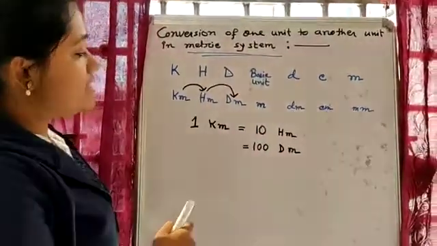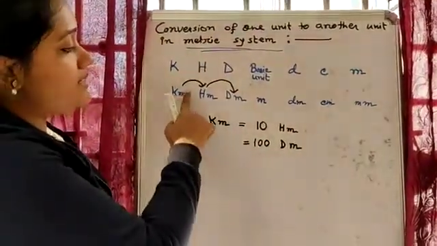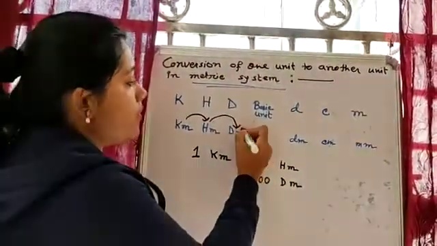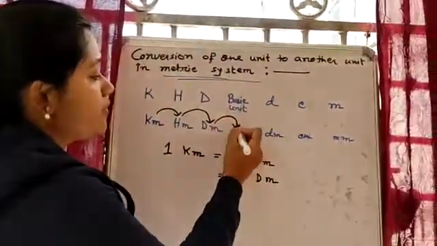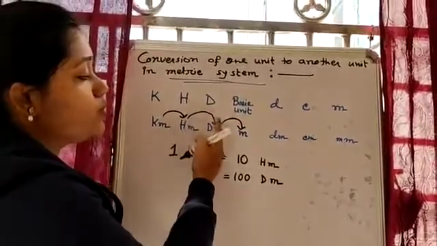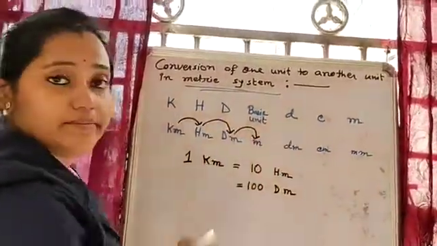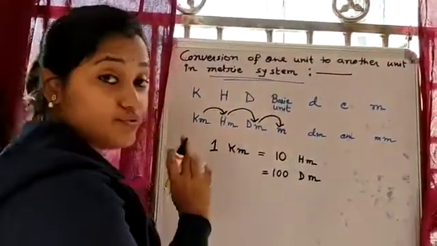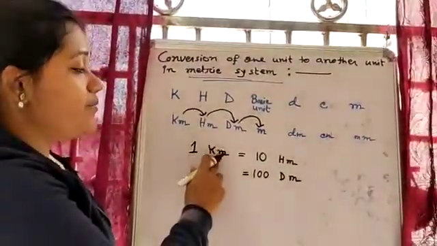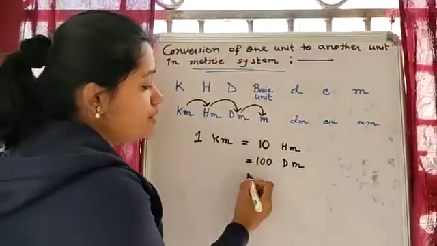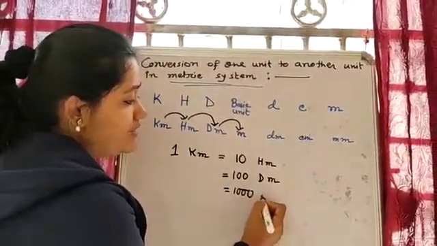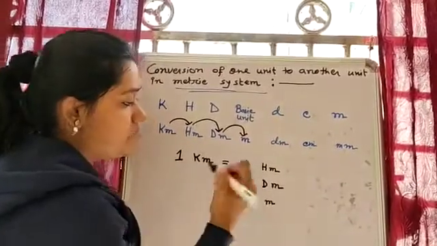Now suppose I ask you, 1 kilometer is equal to how much meter? 1 step, 2 steps, 3 steps I have jumped. So 1 kilometer is equal to 1000 meter.